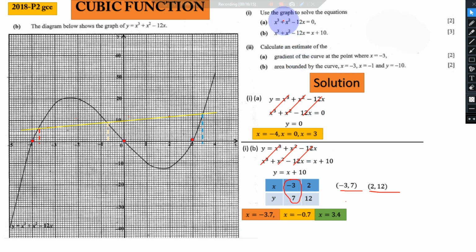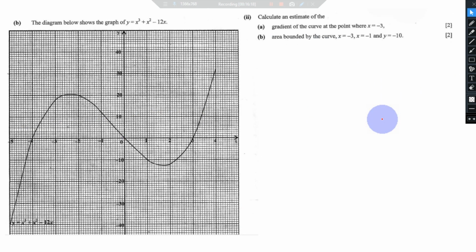Now let us go into finding the gradient as well as the area bounded by the curve. We are done with the first part. Now we are handling these other parts. So finding the gradient, in the first tutorial where we had a cubic function, we learned how to find the gradient using integration. And I promised we are going to use both ways.